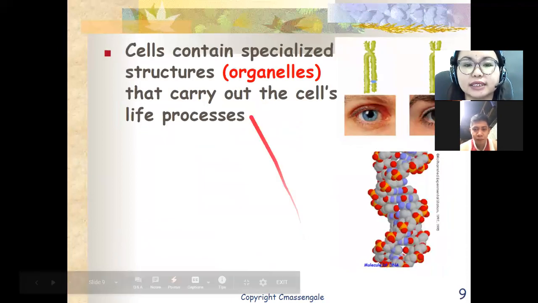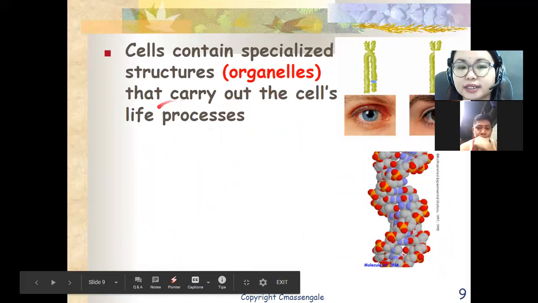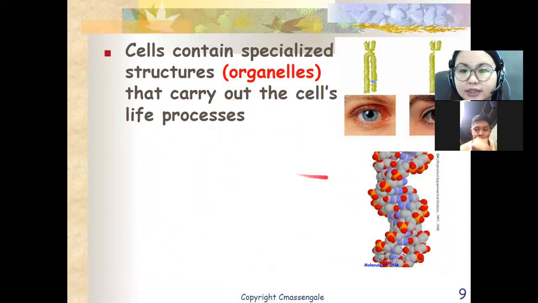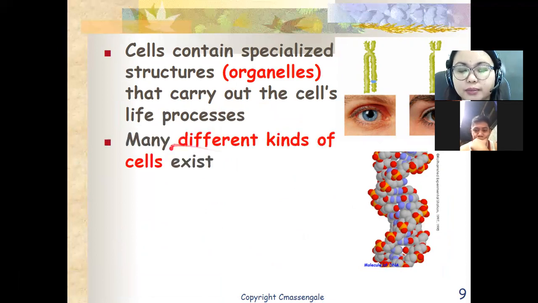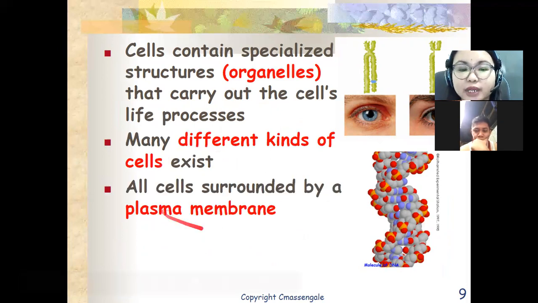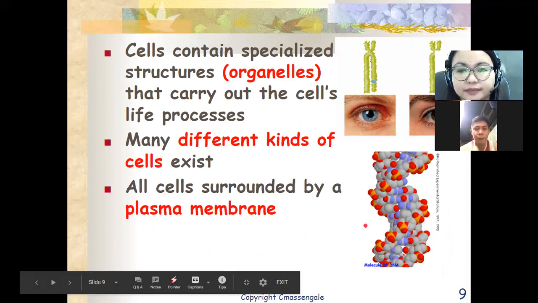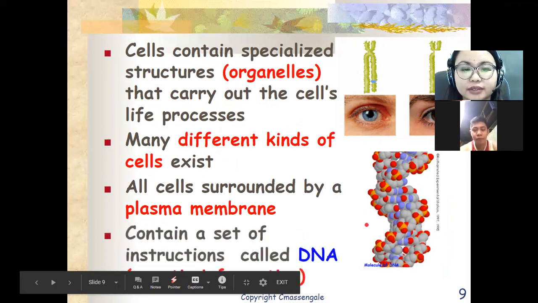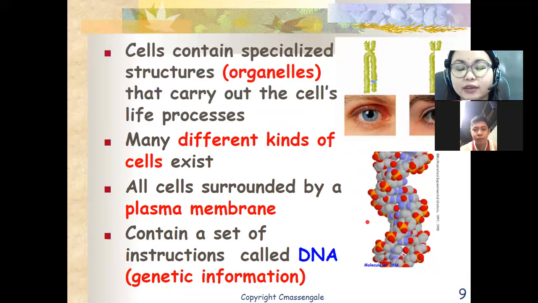Cells contain specialized structures called organelles that carry out the cell's life processes. Many different kinds of cells exist and are surrounded by a plasma membrane. It contains a set of instructions called DNA, or deoxyribonucleic acid.